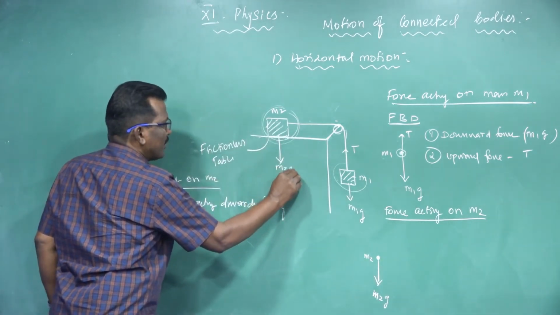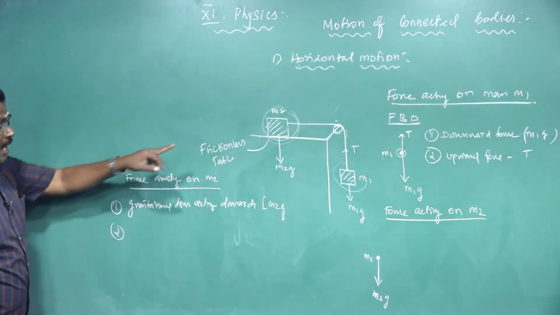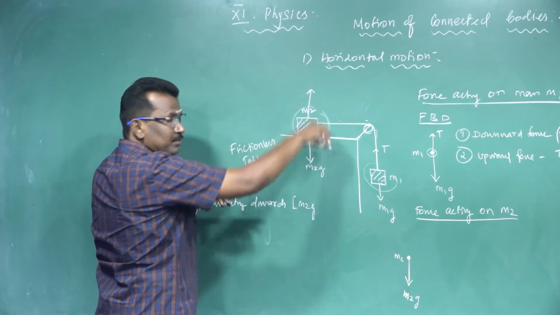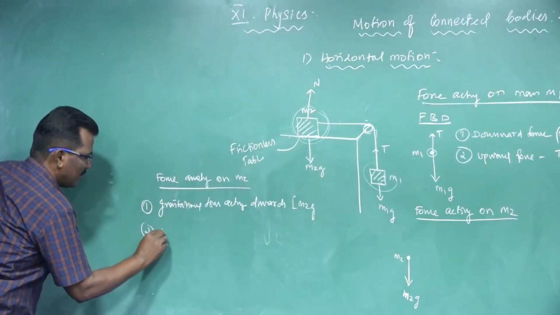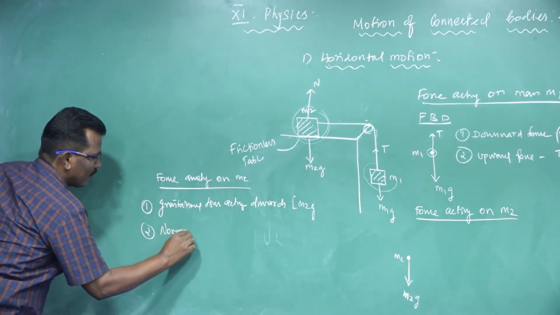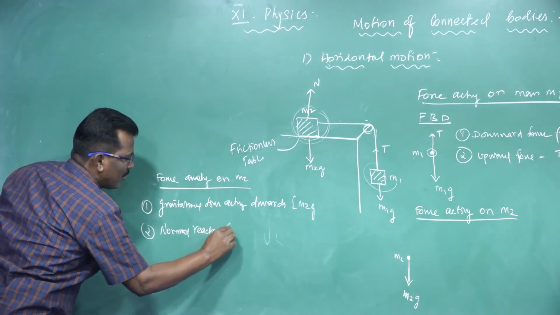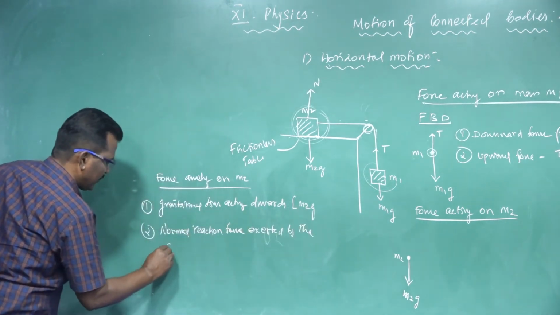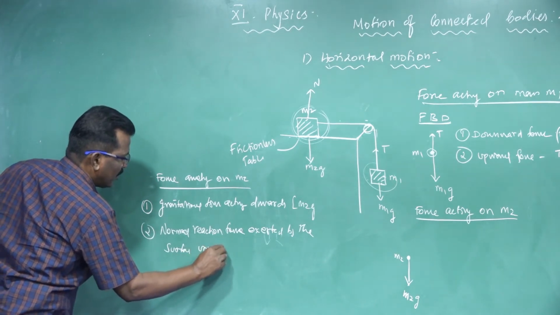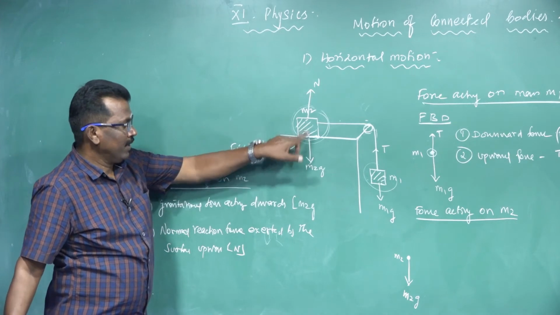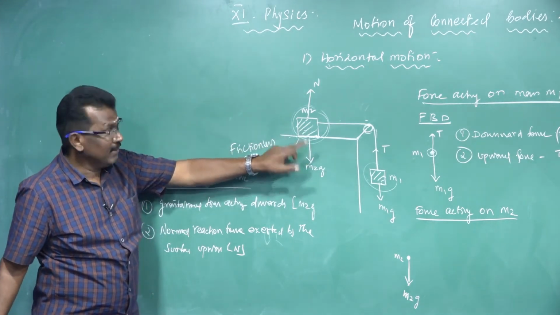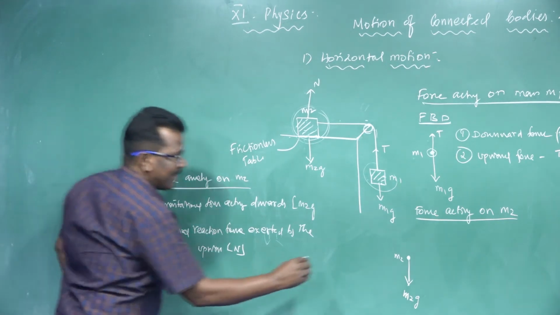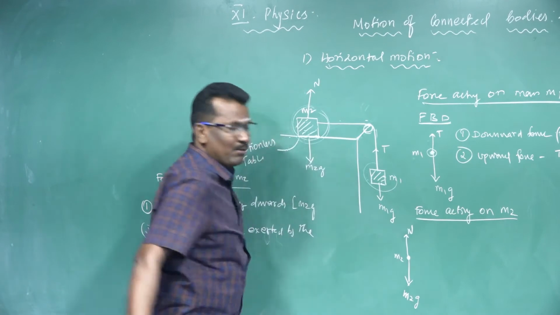Second force, an equal amount of normal force exerted by the surface acting upward, that is the normal reaction force N. See, m2g gravitational force acts in the downward direction, and an equal amount of normal force is exerted by the surface in the upward direction.